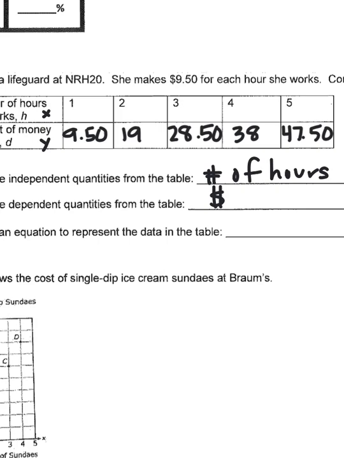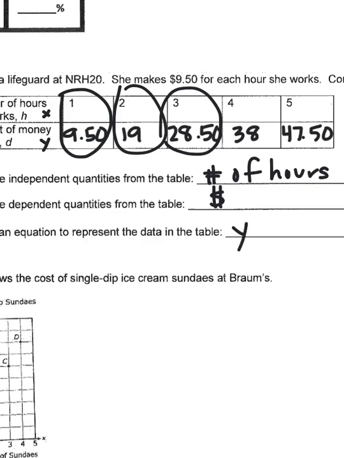And write an equation. Again, equations are always going to work X to Y, or in this case, H to D. We're not going to go down the table, we're going to connect our X's and Y's. So we're taking our hours and we're multiplying by $9.50.